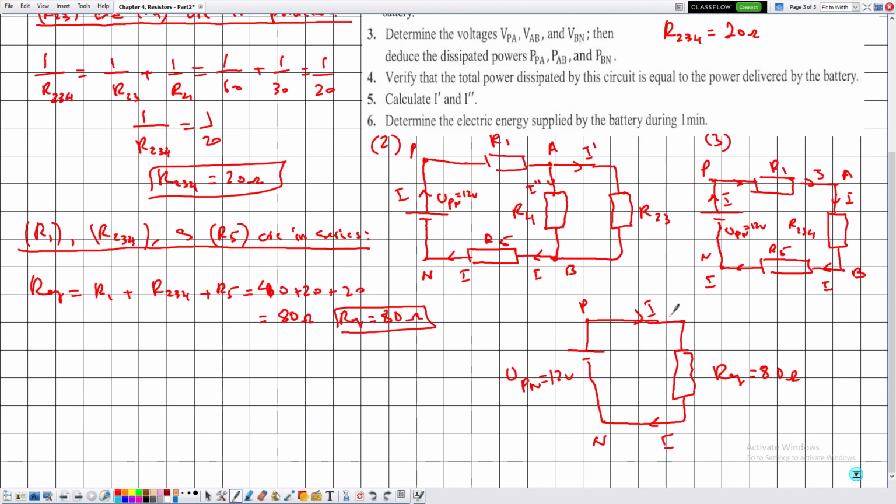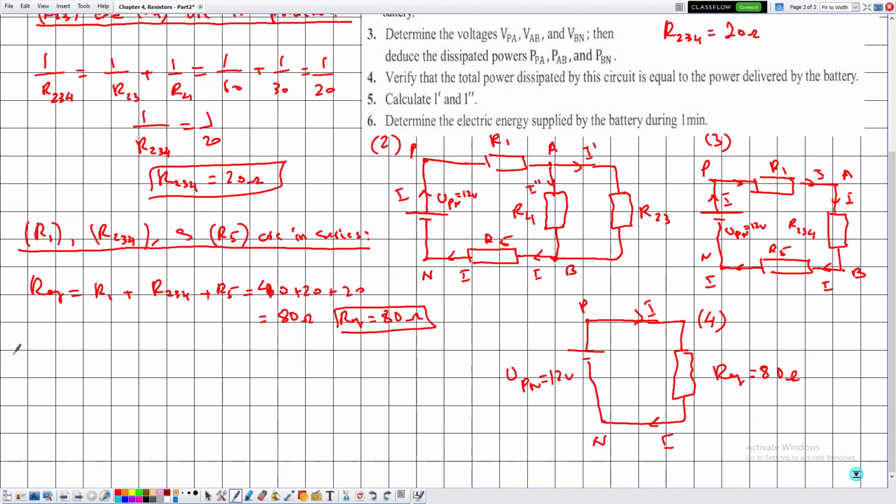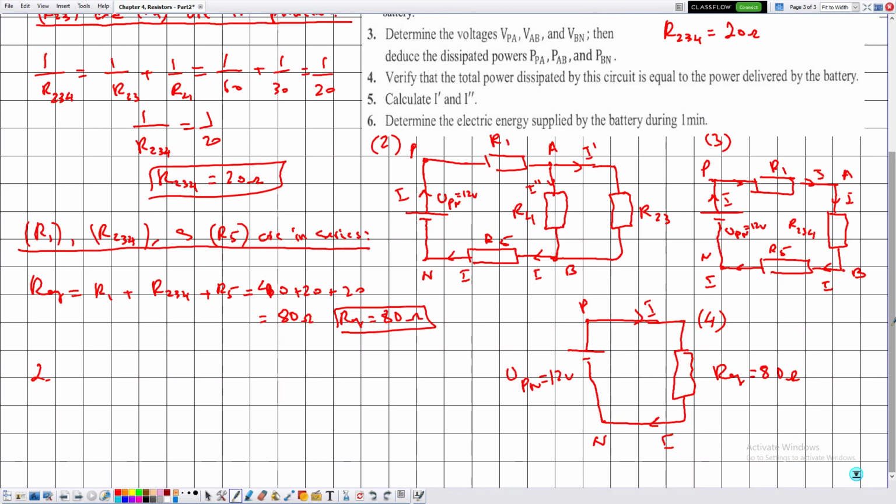And each question that we will be asked about, we need to refer to these 4 circuits. Now in number 2, they are telling me deduce the current I. So the reason behind determining the equivalent resistance is to determine the current I.